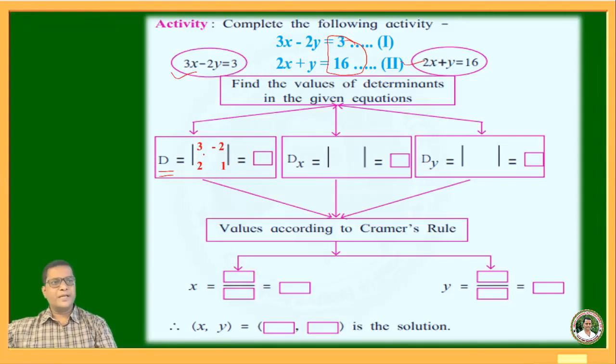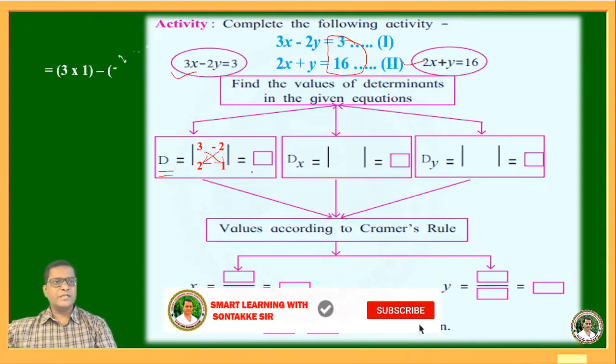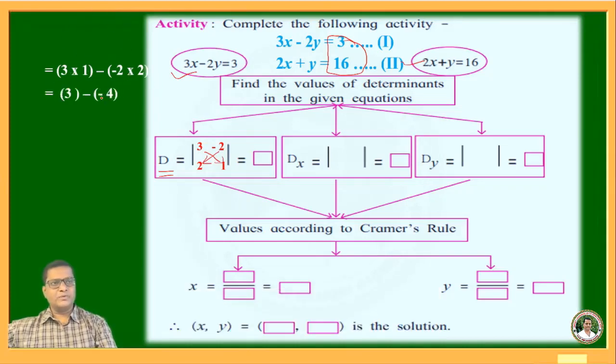Then simplify. How to simplify? 3 into 1 minus 2 into 2, means multiply these, you will get the value of d. Here 3 ones are 3, 2 twos are 4, minus 4, here minus will be plus, so 3 plus 4, that is 7. Means here the value will become 7. Then next is dx.